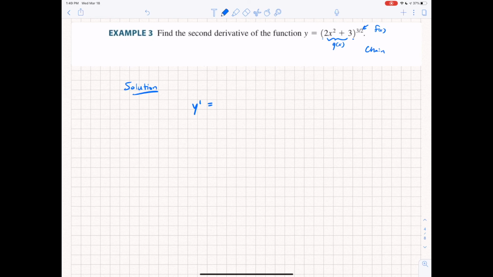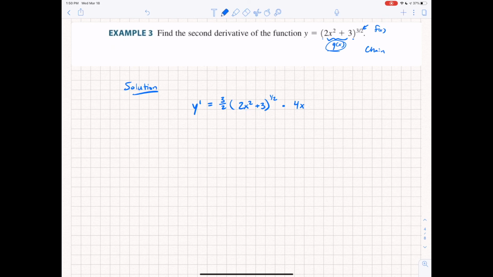And so this would be a power rule. So the 3 over 2 will come down. The inside stays the same. And I'll subtract 1. So 3 over 2 minus 1 is 1/2. And then I will chain this by now deriving the inside. I want to know what g prime is. So the derivative of 2x squared plus 3 is just 4x.